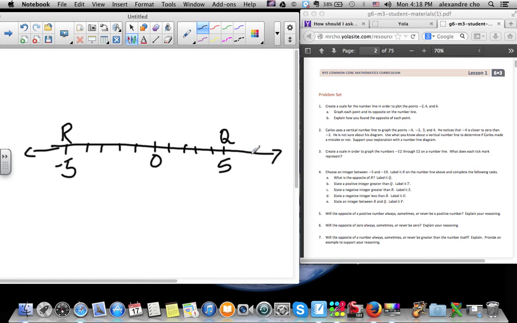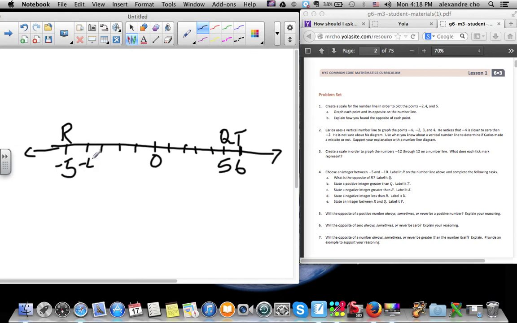State a positive integer greater than Q. Well, something greater than Q, an integer, 6, and we'll call that T. State a negative integer greater than R. So something that is negative but greater than -5.